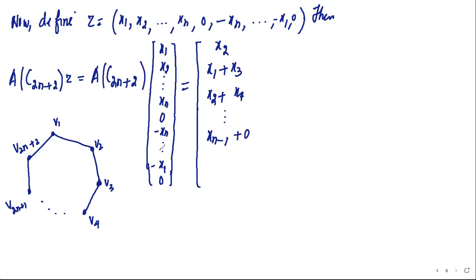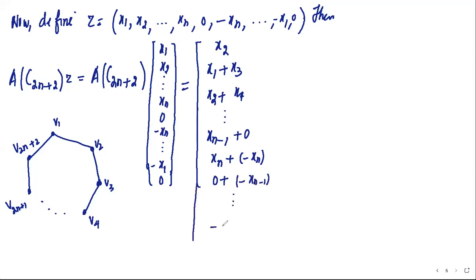And then when we multiply the n plus 1th row, the entry in this column vector will be xn plus minus xn. And similarly, the next term will be 0 plus minus xn minus 1, and so on.